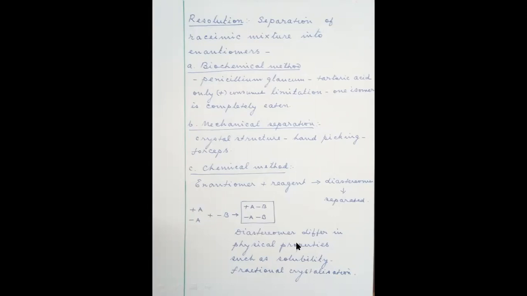So you can separate them by fractional crystallization, and then you can use some other reagent to remove the B, and then the enantiomers are separated.